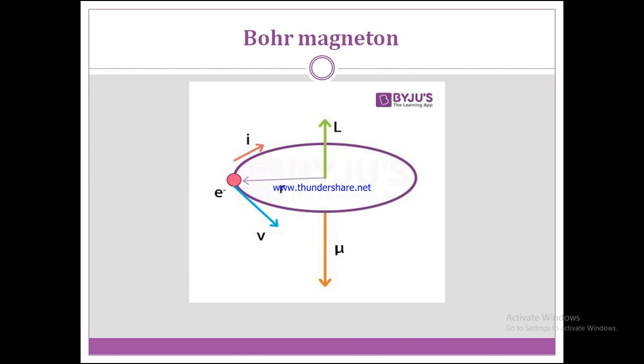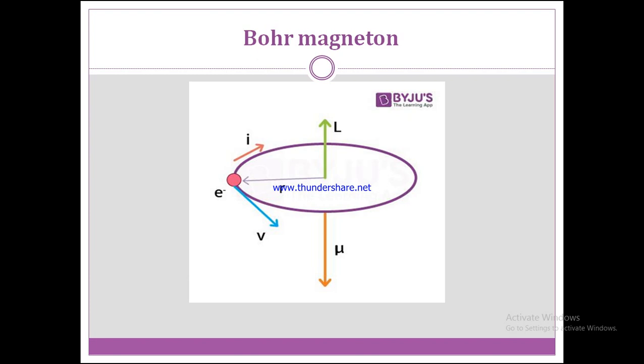Now we have discussed the Bohr magneton in depth in this diagram. In this diagram we have the nucleus present at the center of this circle, where the length L arrow is introduced.